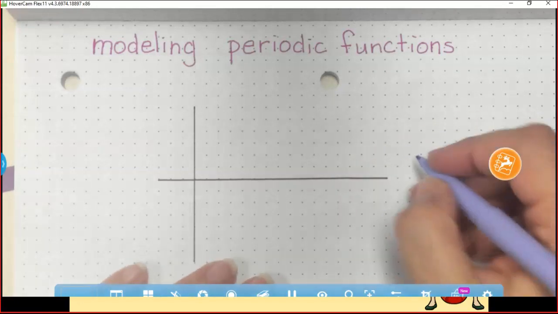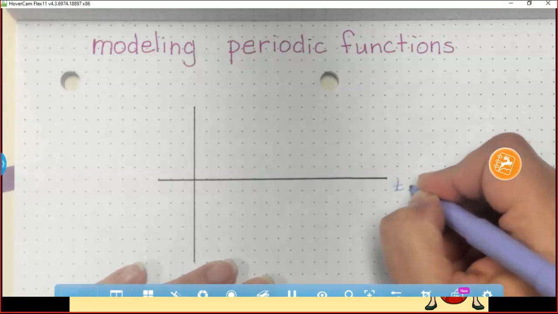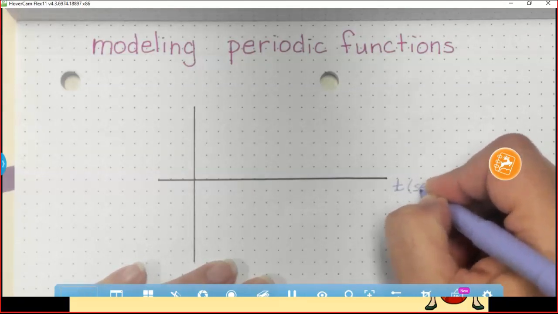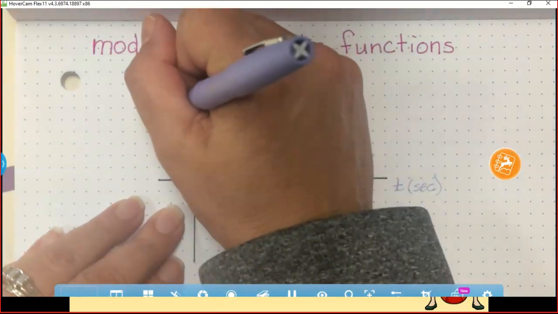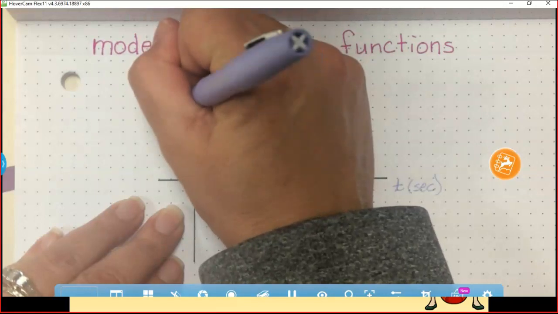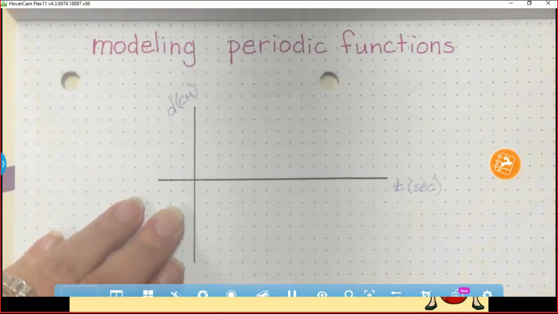So I'm going to say this right here is my time, and my time is being measured in seconds. And I am going to use my distance, and I'm going to say that my distance is measured in centimeters. So these are the first two things I need to figure out.